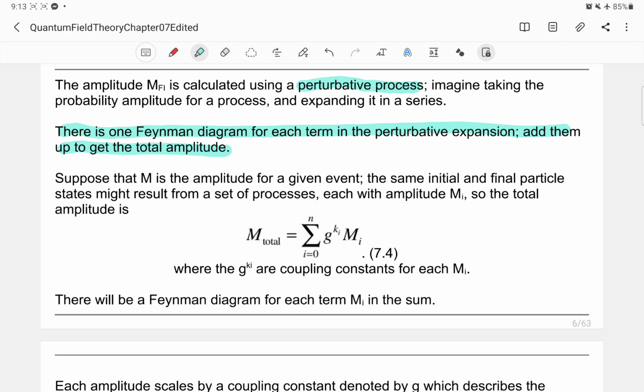Each of those processes will have an amplitude of M_i, and so if you want to get the total amplitude, then you have to sum all of them, where it's given by this expression, where the g_i here are just the coupling constants for each M_i. There will be a Feynman diagram for each M_i in the sum.